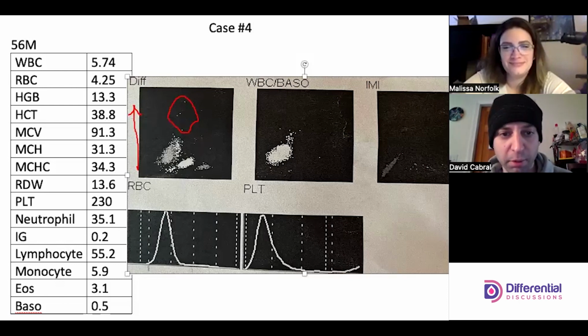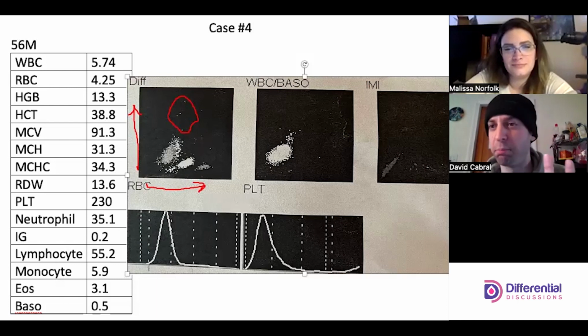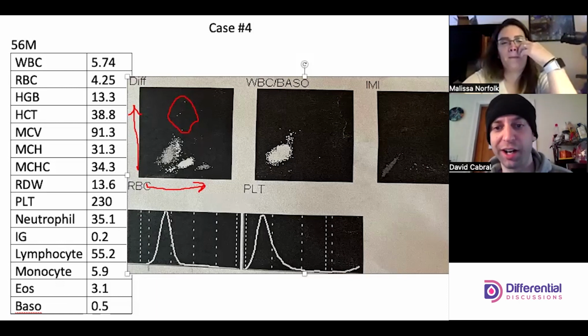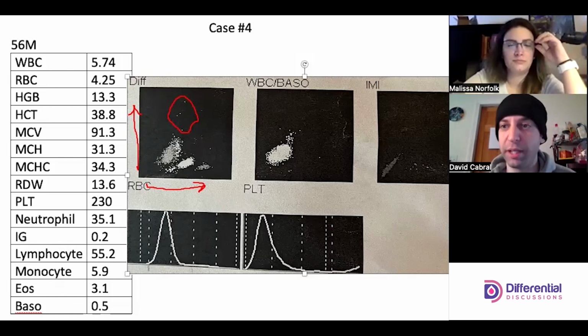And then I believe it's side scatter on this axis. So as stuff moves to the right on the x-axis, it's more internally complex. So I'm thinking granulocyte type cells. And then as the y-axis increases, our fluorescence goes up. And just think of cells that have a deeply basophilic cytoplasm. And that, to me, is reactive lymphs.